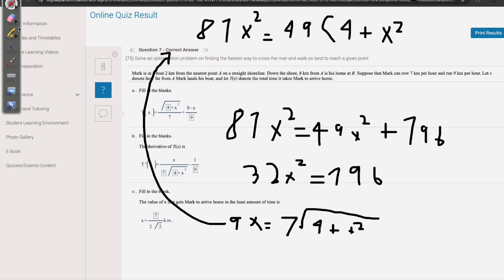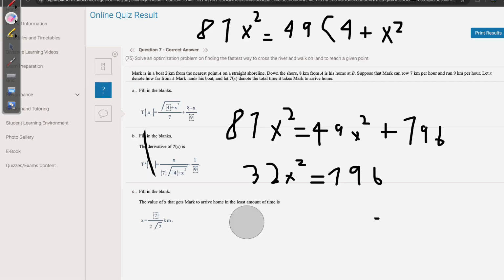So now we're gonna do 196, right? Just take everything to one side and isolate x.